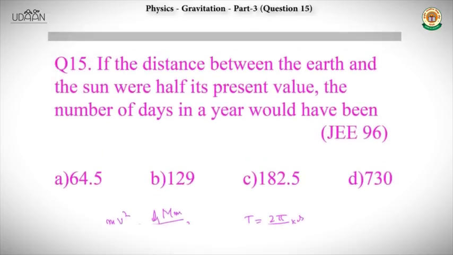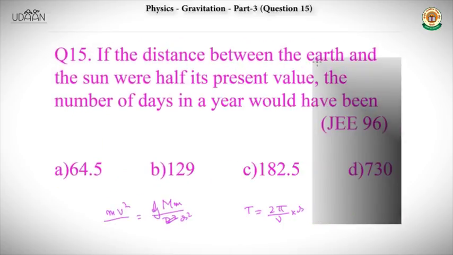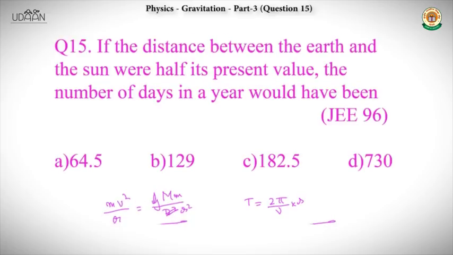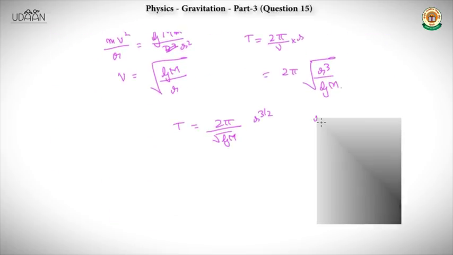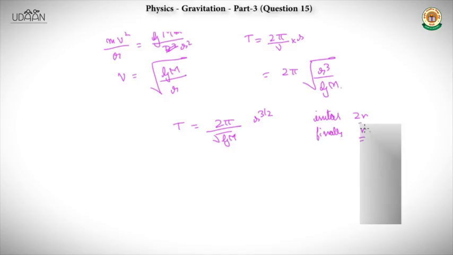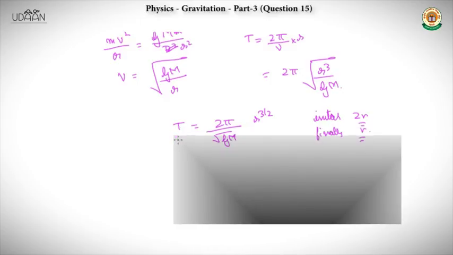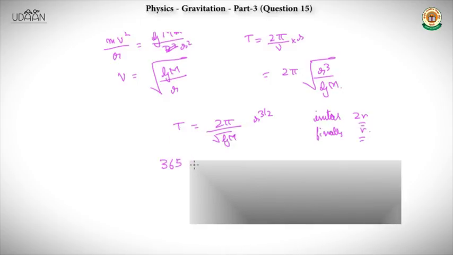So right now the distance would have reduced. So the r becomes r by 2, or initially let us take the r to be 2r. Initially 2r, finally r. So we'll find the time period initially is 365 days.